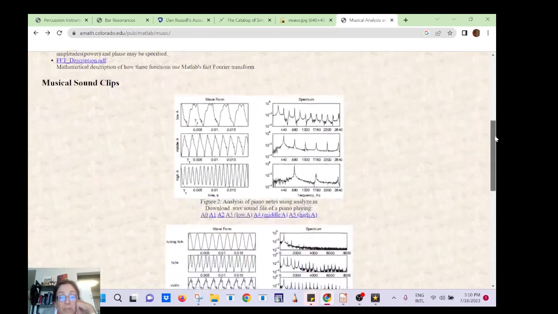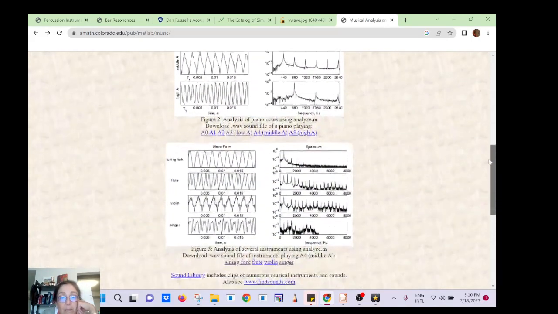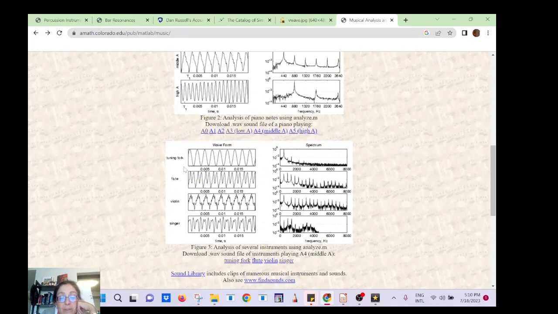Now, what you can see here are different instruments playing the same note, right? So it means the same fundamental, so the same pitch. But if you look at the waveform, they don't look the same. They're going to have the same frequency.